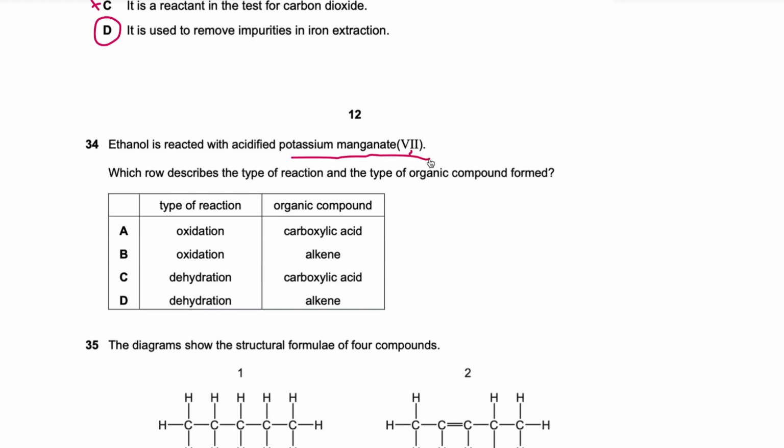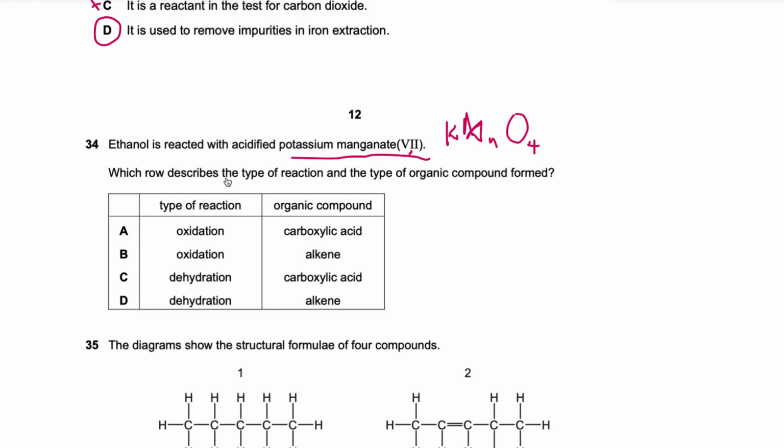The one we saw just now, KMnO4, the one with the equation where I told you is 7. MnO4. It's called acidified potassium manganese 7. That's the name. Okay.